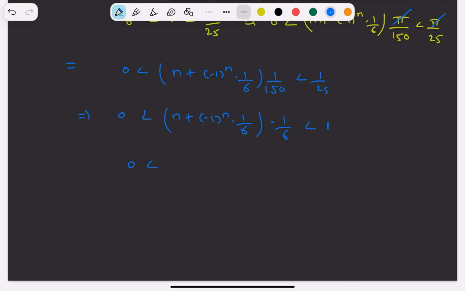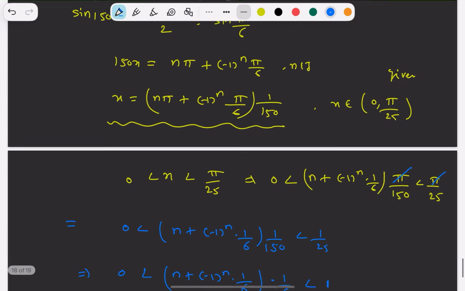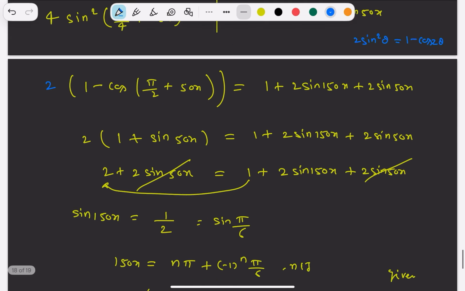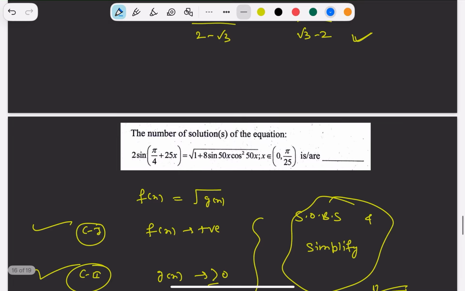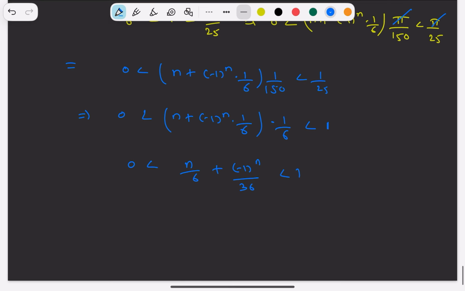So here we can write 0 less than n by 6 plus minus 1 raised to power n by 36 and less than 1, correct? That is what we are going to have now. So 1 by 150 we have seen, and 0 to 25. We are given in the question that x belongs to 0 to pi by 25, fine.